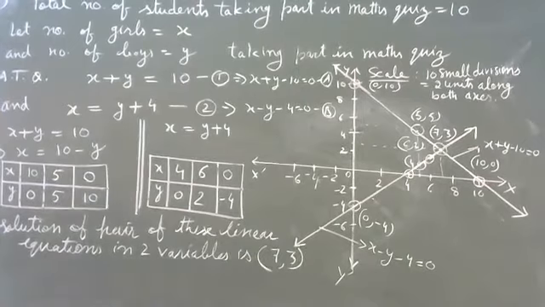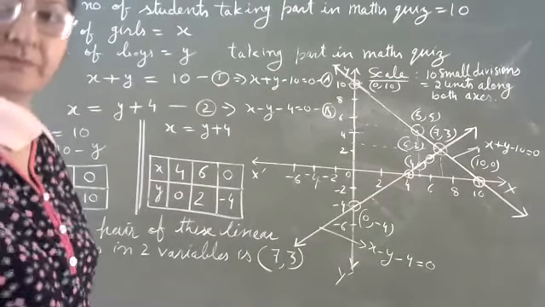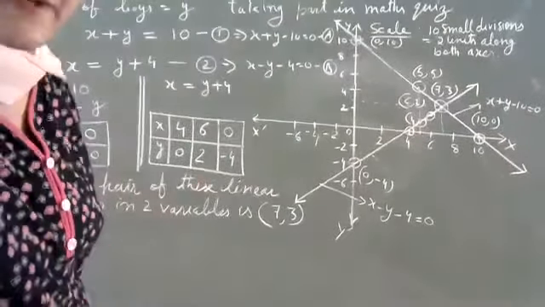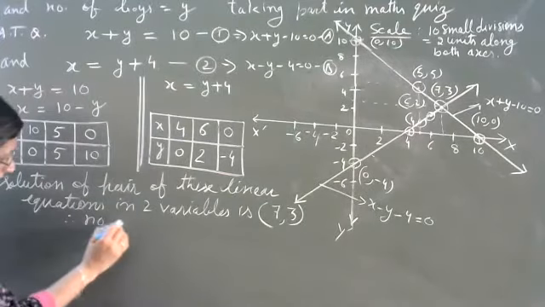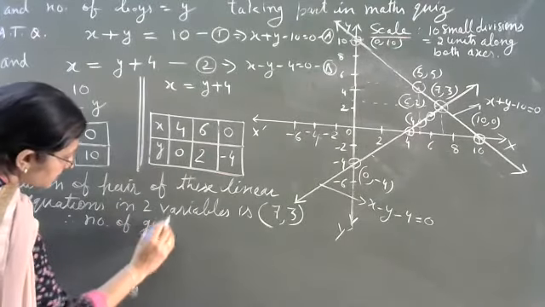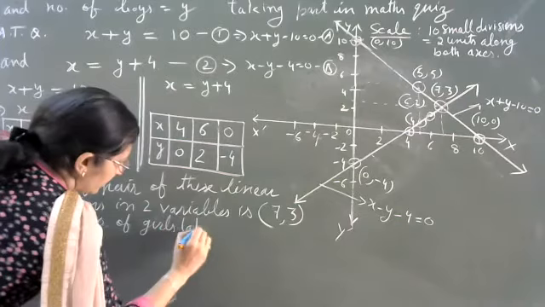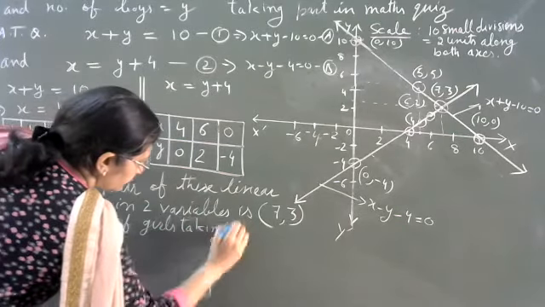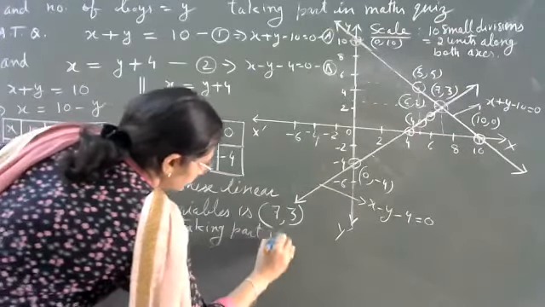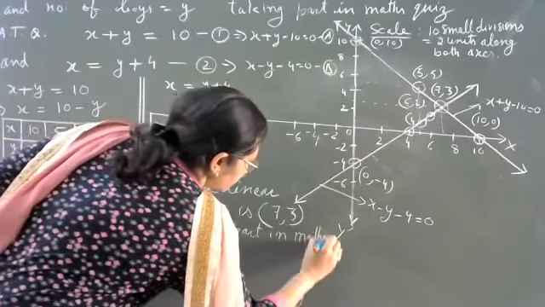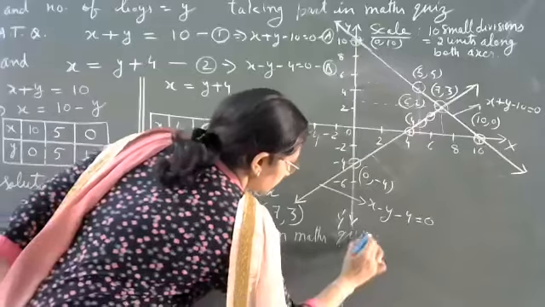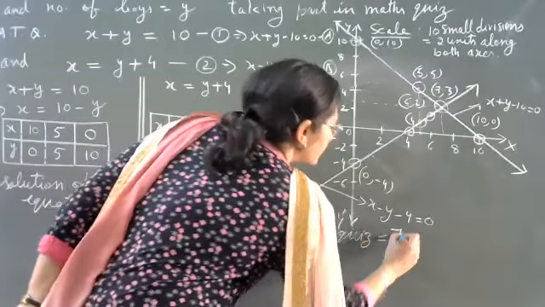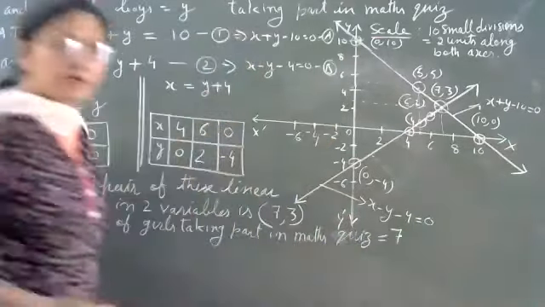What will be the overall answer? Therefore answer is number of boys and girls taking part in quiz: number of girls is equal to 7 and number of boys 3.